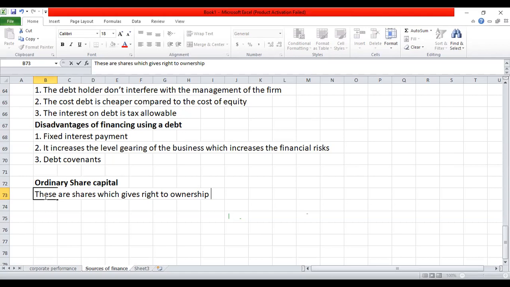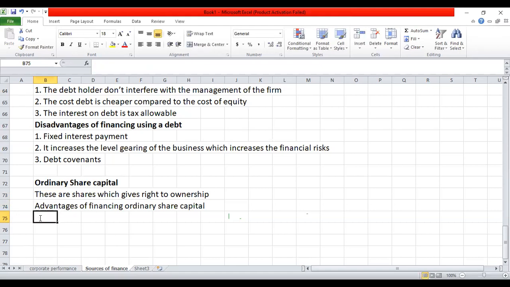So what are the advantages of financing using ordinary share capital? Like any other source, it is a long-term source of finance.